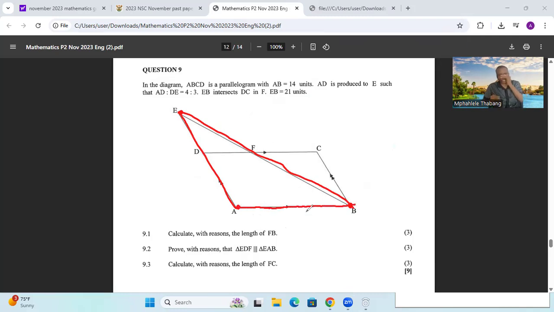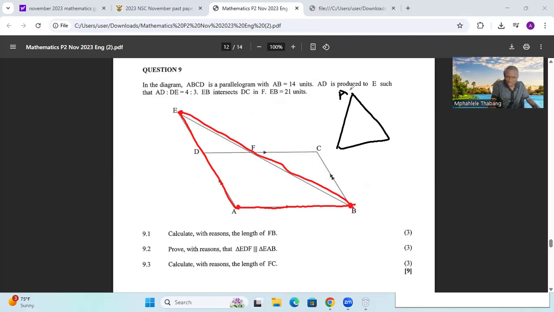Very, very important: you have to see that in triangle EAB, there is a line which is drawn parallel to one side of the triangle. So every time you have a line drawn parallel to one side of a triangle, you know that you are going to use what we call the proportionality theorem. So let me draw this. Let me say we have a triangle.